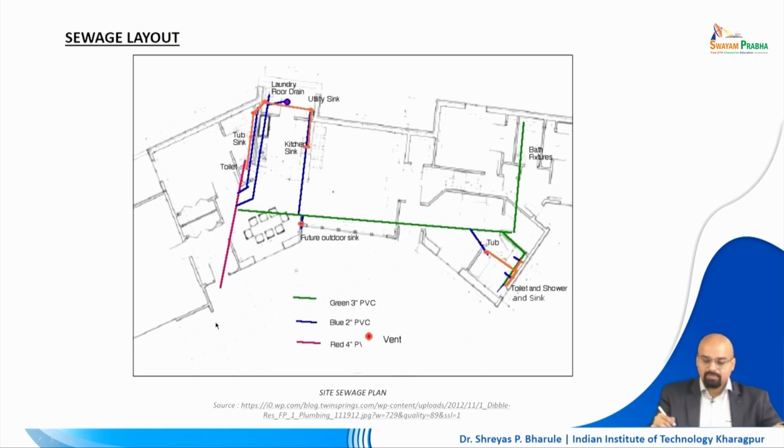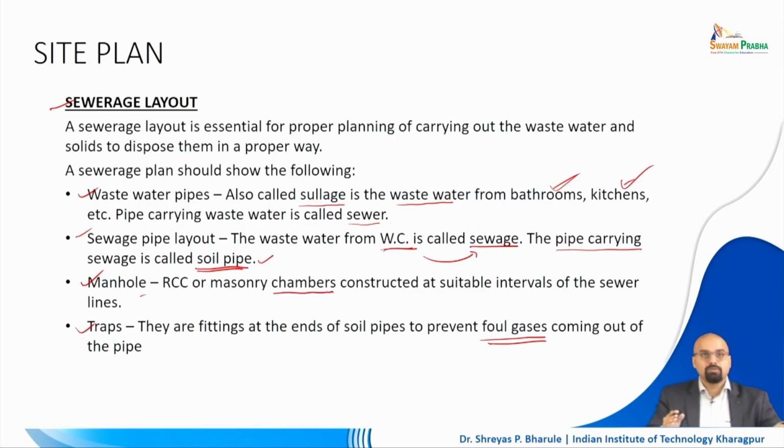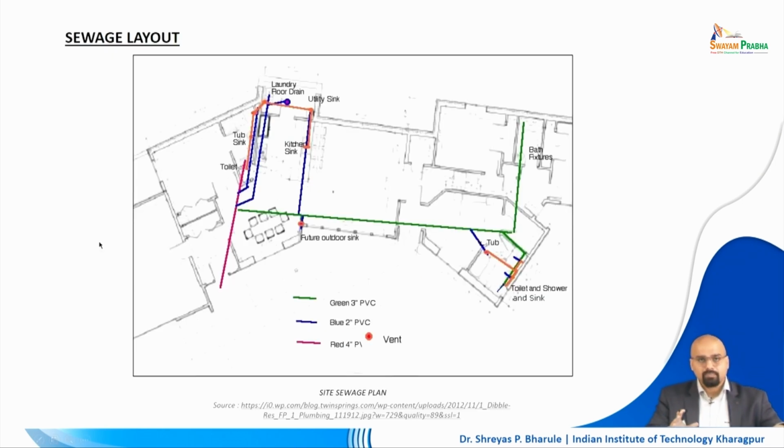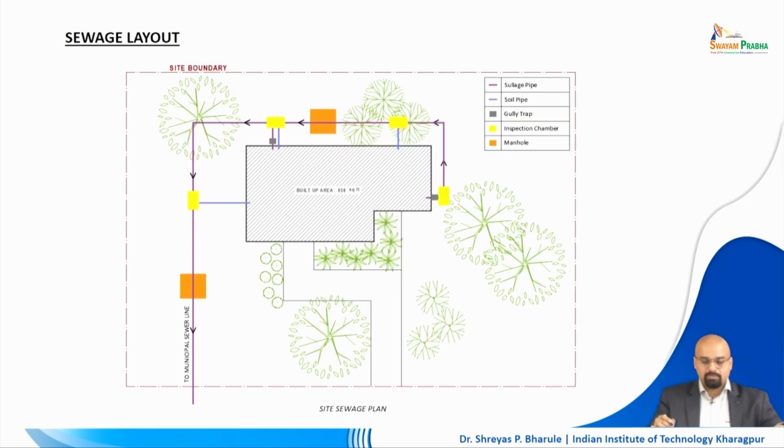All of these are interconnected, but also kept separate from the wastewater and the sewage line, right. That is where it is differentiating. Even here, there is an orange line that is taking the grey water connected to the soil line, right.